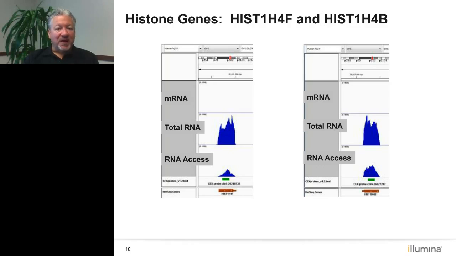Whereas they show up quite well in total RNA, and they show up in the RNA access process because we put a probe there in the middle of that short gene. And so that's an interesting case of a protein coding transcript, an mRNA, that is not polyadenylated.